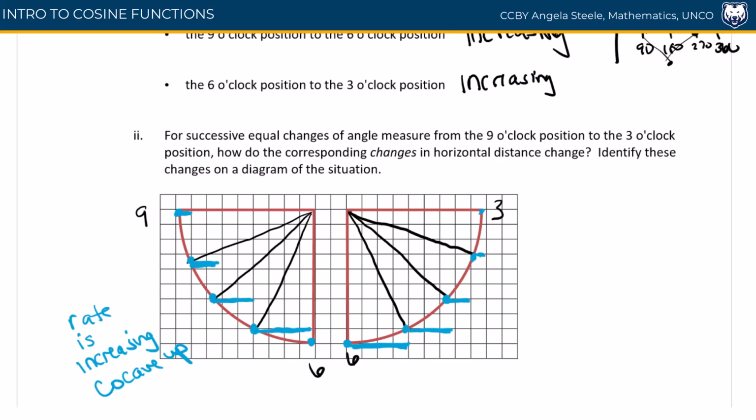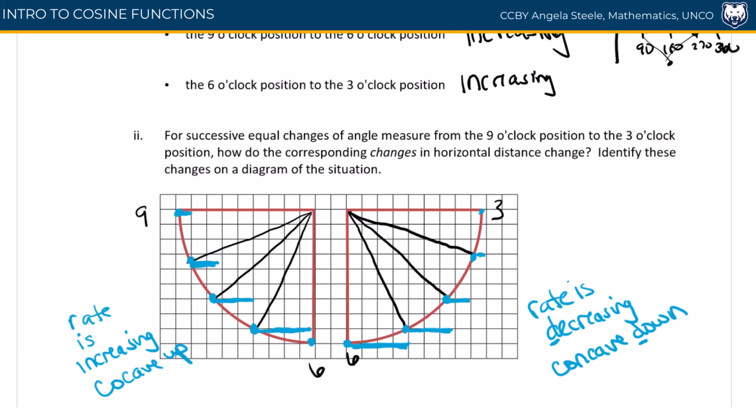So if we look at those lines, you can see that those lines are decreasing, they're getting smaller. Okay, so since the lines are getting smaller, that means that the rate is decreasing. And since it's decreasing, that means that the graph is going to be concave down at that point.